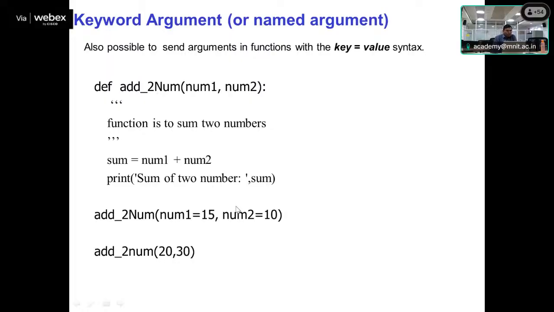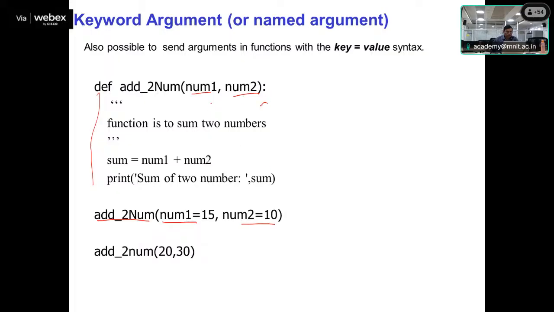It means we are giving some argument by saying which value is used by which argument. For example, add two numbers, num1, num2. In this case the function is defined as it is. The variables we have taken as arguments are number 1, number 2. When we call this function, we are giving number 1 as 15, number 2 as 10.